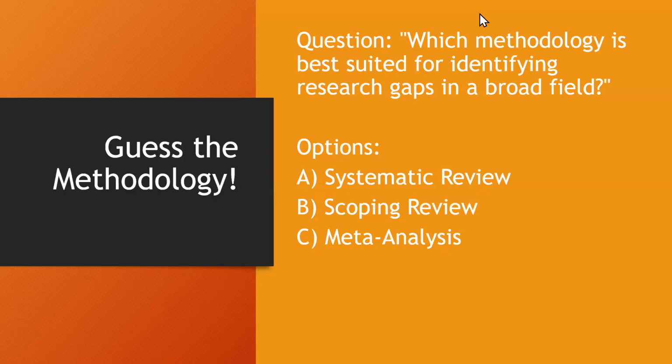Once you want to identify a research gap, you may want to do a scoping review, which is broader in nature. You could even look at gray literature as well. But in systematic reviews, the included studies might not include gray literature because you have to look at papers that have been published in peer-reviewed journals, unlike a scoping review, where you can go beyond that just to come up with some research gaps.